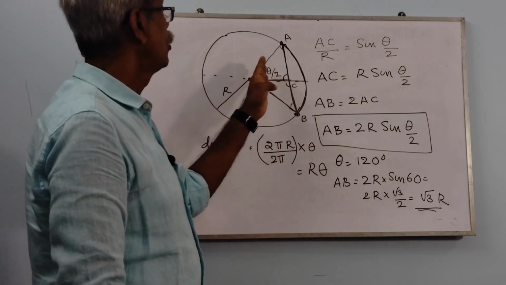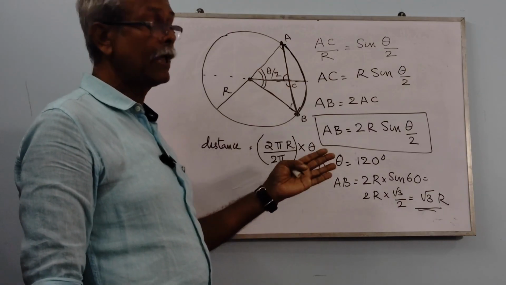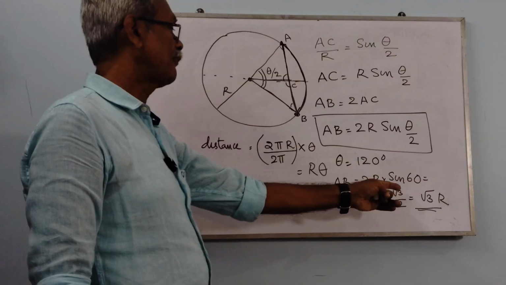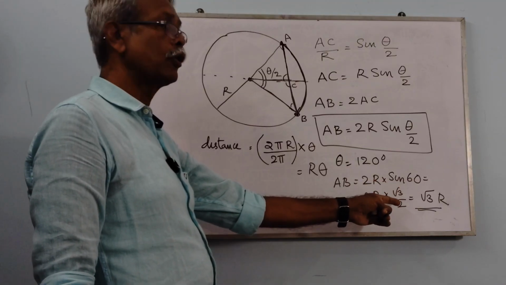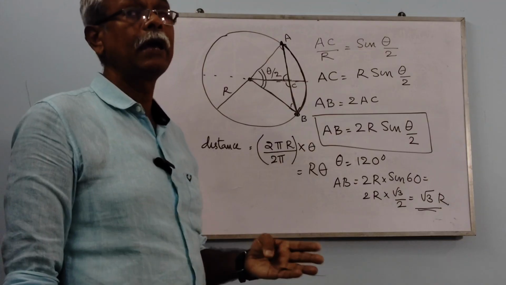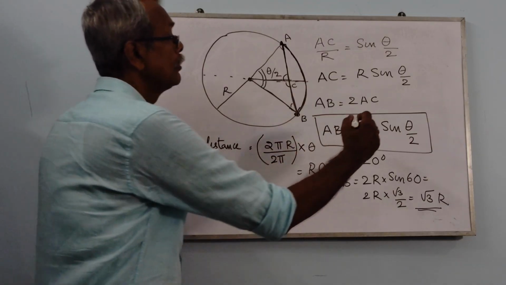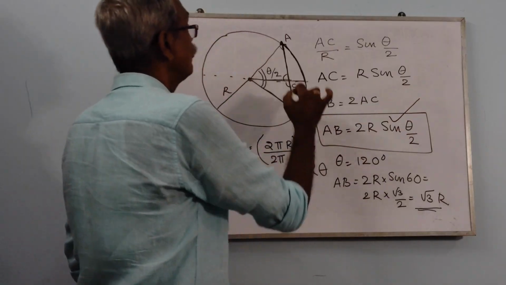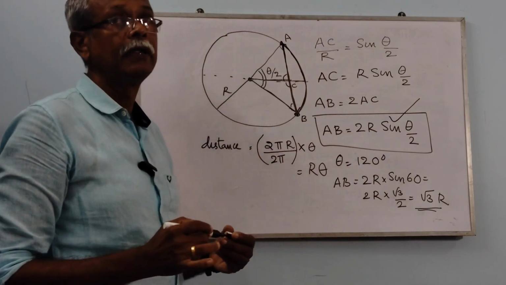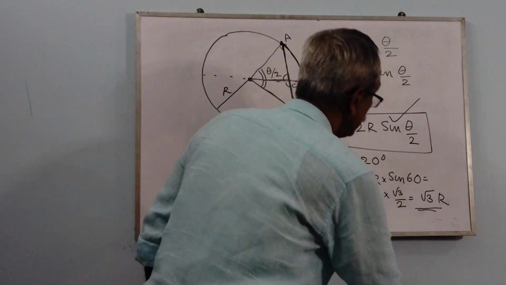If this angle is 90 degree, then that is equivalent to 45 degree, and sin 45 degree is 1 by root 2, and that will be root 2R, the result we have obtained earlier. For any value, this formula can be used. So remember this as an important formula. This distance AB is 2R sin theta divided by 2. This is true for any triangle.